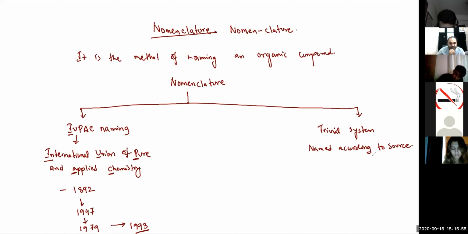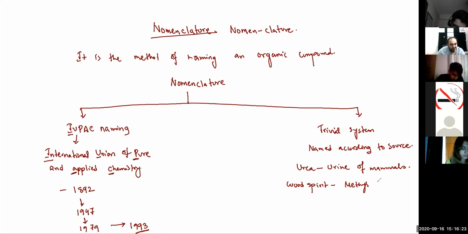A trivial system is named according to source. Urea, because it's found from the urine of mammals. Wood spirit. So wood spirit is methyl alcohol, which is basically methanol. But why is it called wood spirit? Because it was extracted from wood.